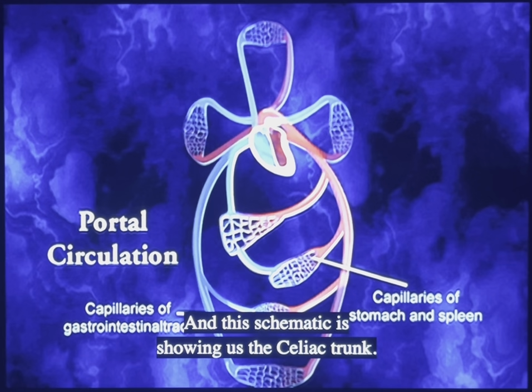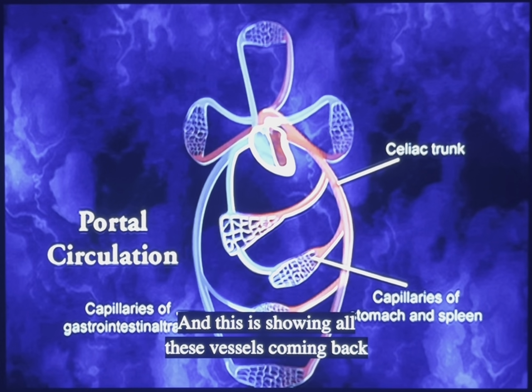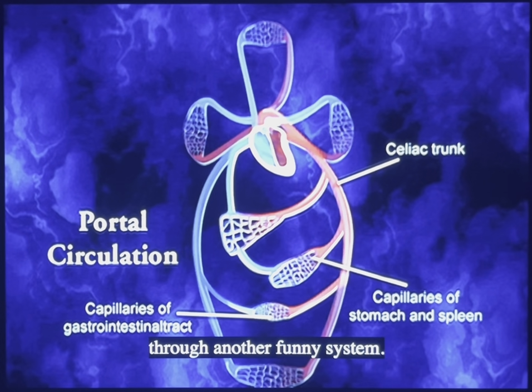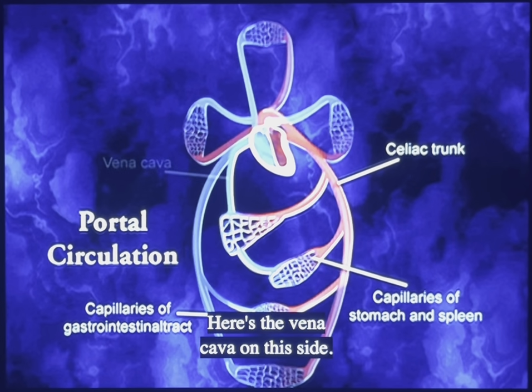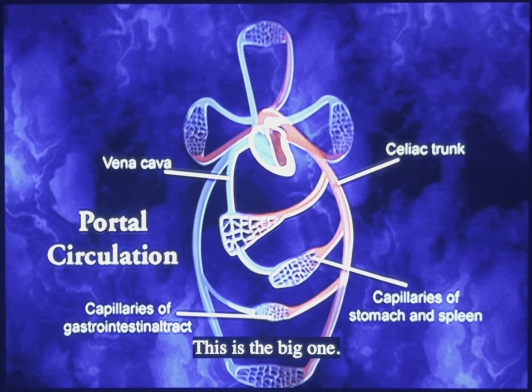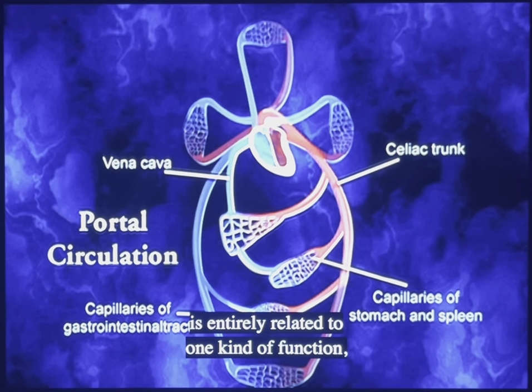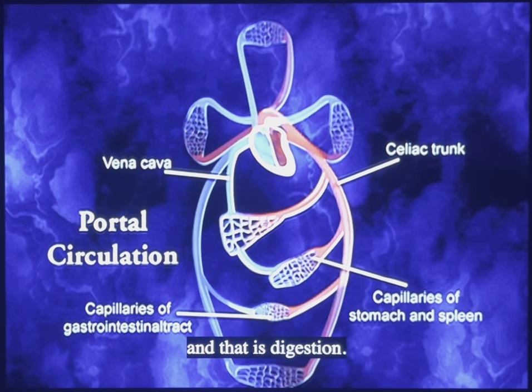This schematic is showing us the celiac trunk, and all these vessels coming back through another funny system. Here's the vena cava on this side. This is the big one. But we have a different system that is entirely related to one kind of function, and that is digestion.